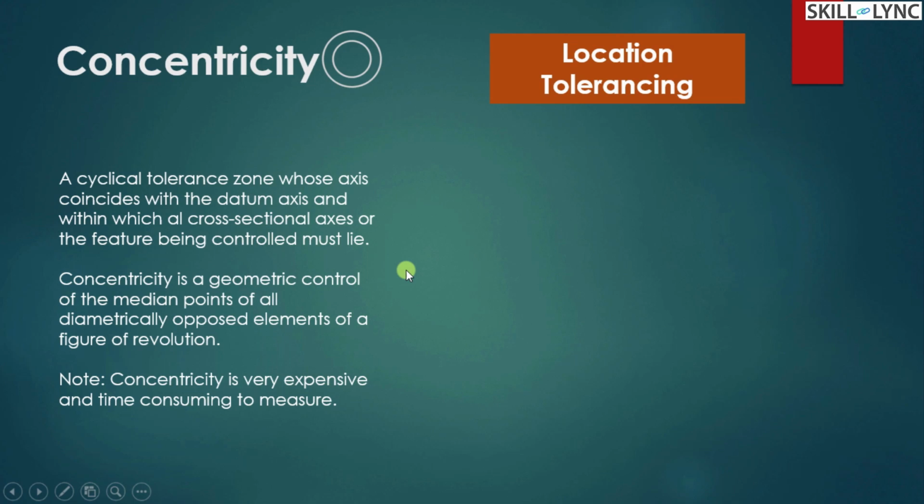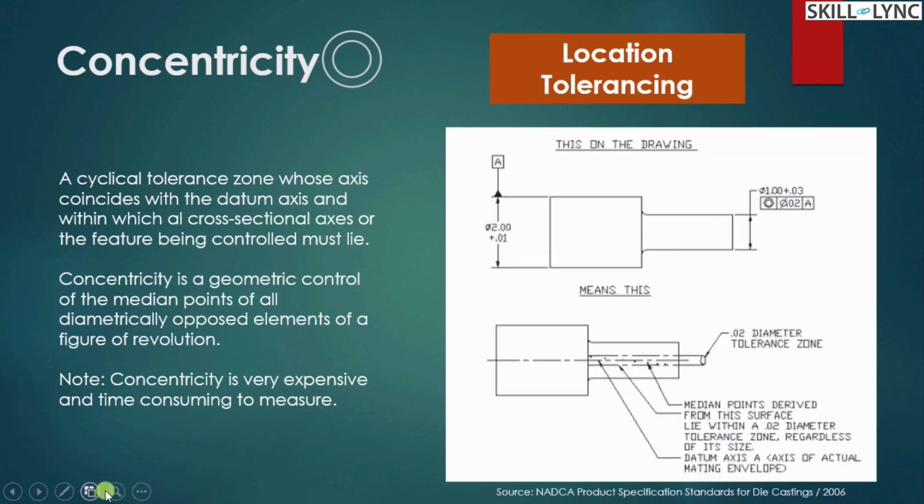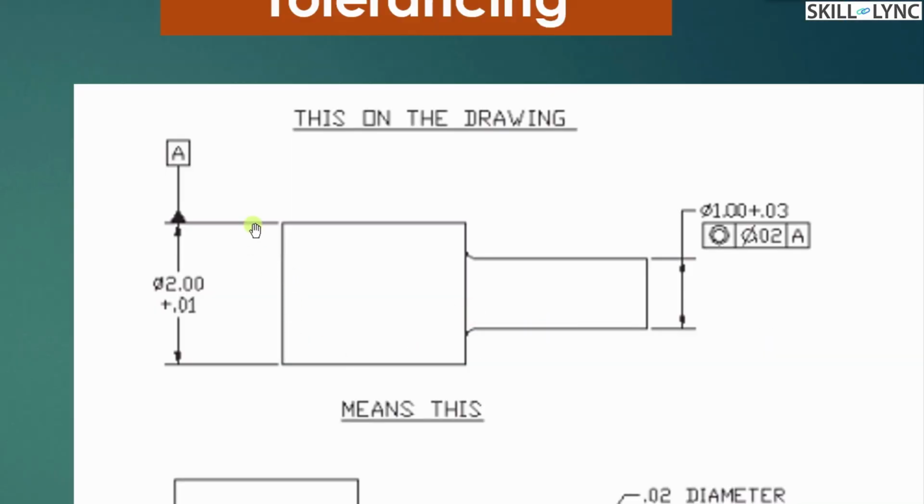So this is normally a very expensive and time consuming process to measure, and hence due care has to be taken, and only those critical dimensions have to be toleranced by this concentricity. So here you can see in this example, we have a shaft with two different diameters.